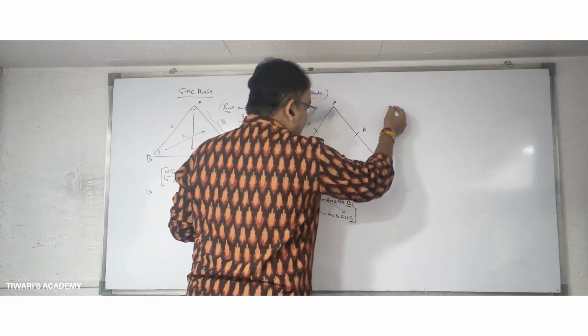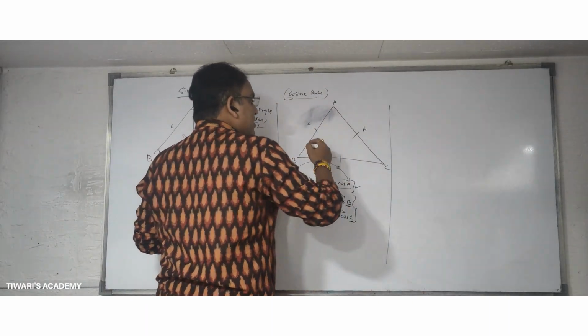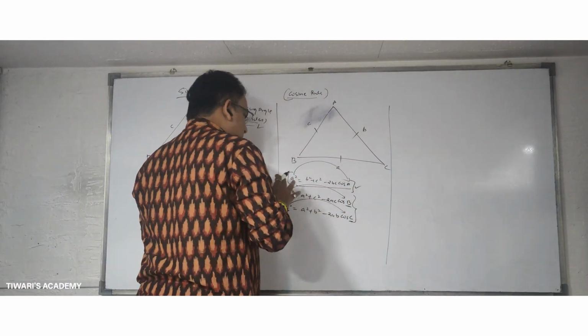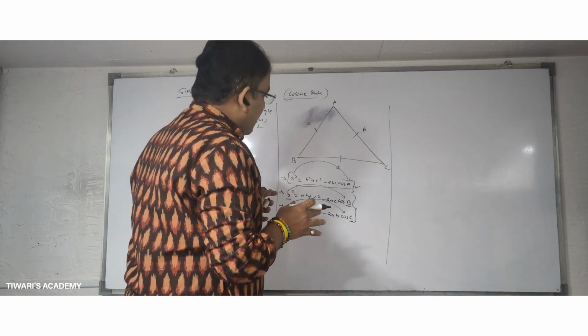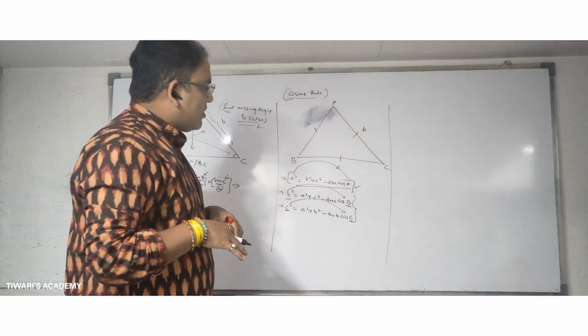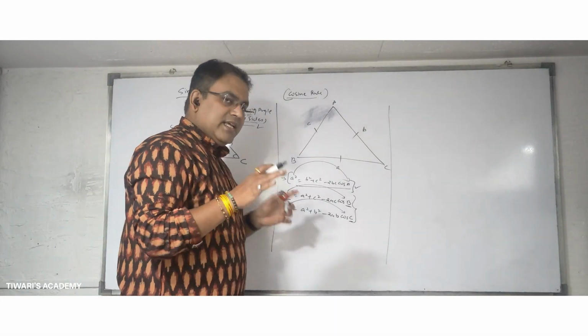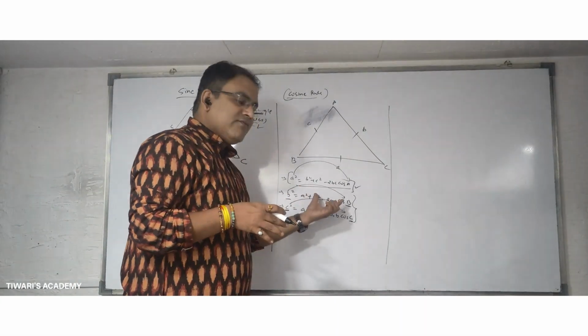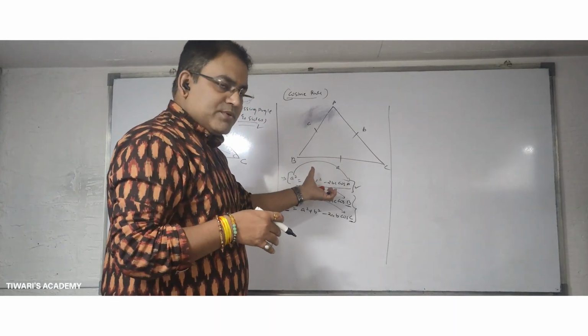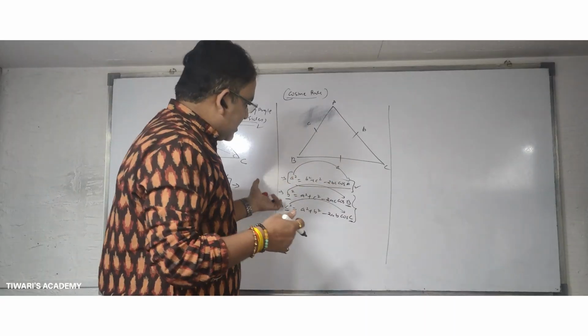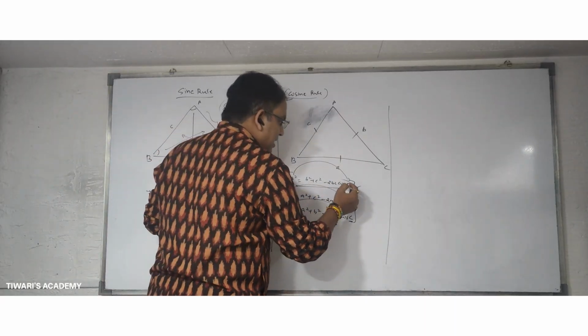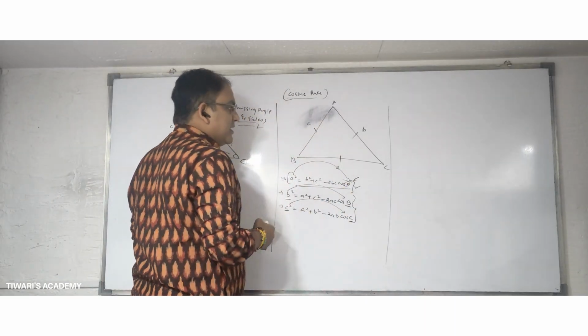When we are told to find any angle, when all three sides are given to us, it is very easy because I can use the same formula. I can just resubstitute the values, make my angle the subject, and you can find the angle.